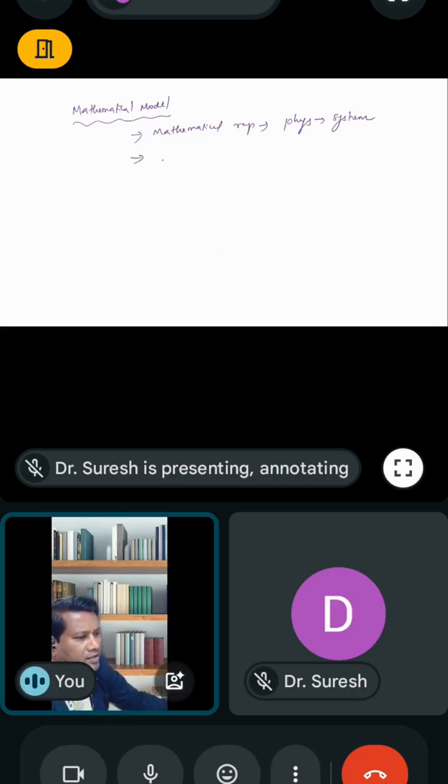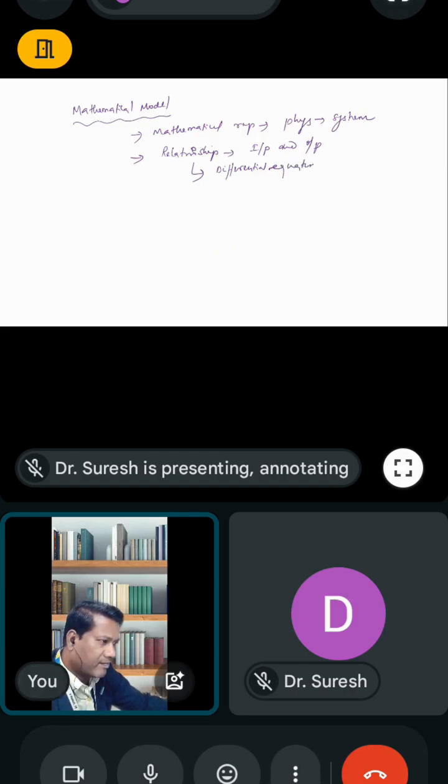It gives the relationship between input and output, either as a differential equation, Laplace transform, or other forms such as state space, etc. So a mathematical model means the physical system is represented using mathematical equations.